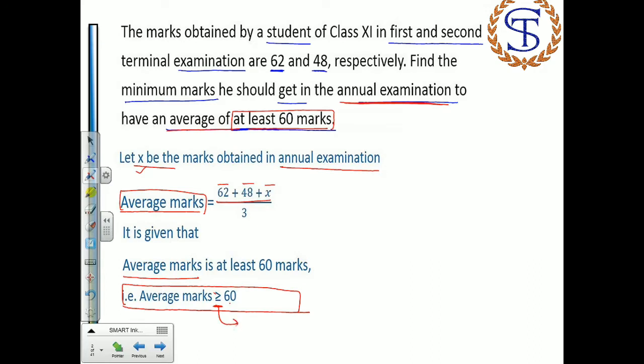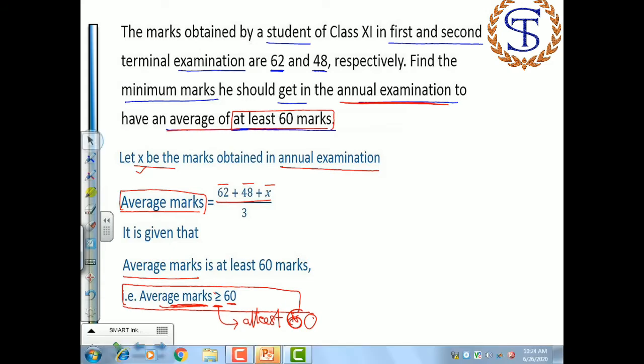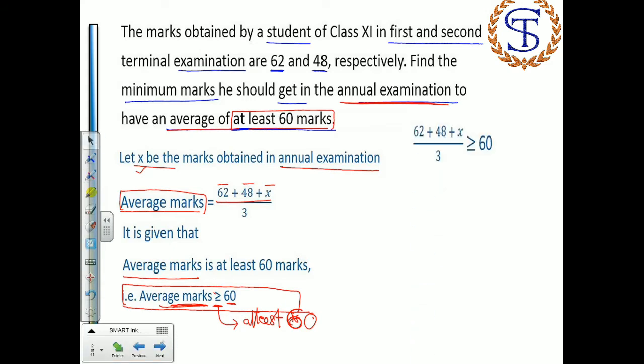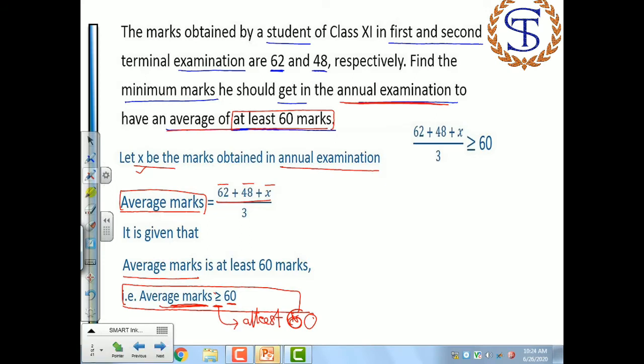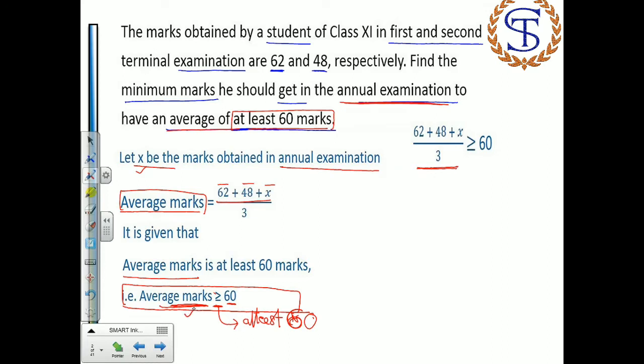It means the average marks is equal to 60 or more than 60, that is, at least 60. Therefore, the average marks are greater than or equal to 60.